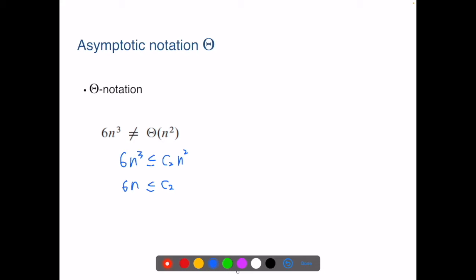So it means, can we find a value of C2 and a value of N0 such that when n is greater than N0, this will always be true? We know that's impossible because no matter what C2 we choose, n can grow arbitrarily large. So this inequality cannot hold. So now we can prove 6n cubed is not in theta n squared.